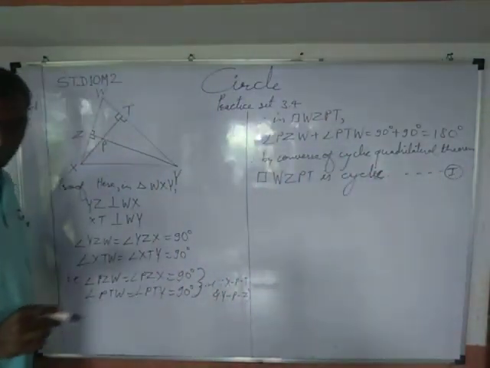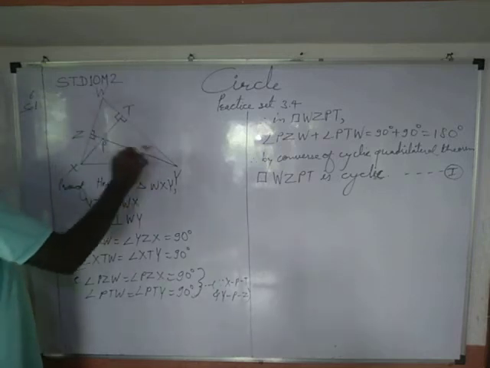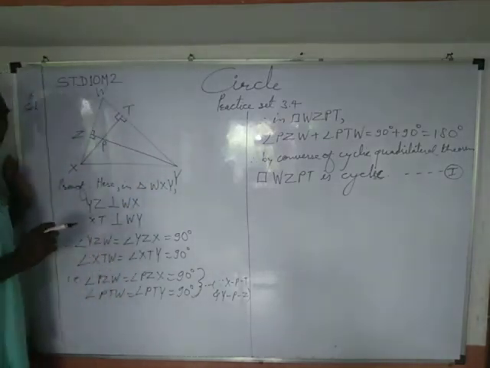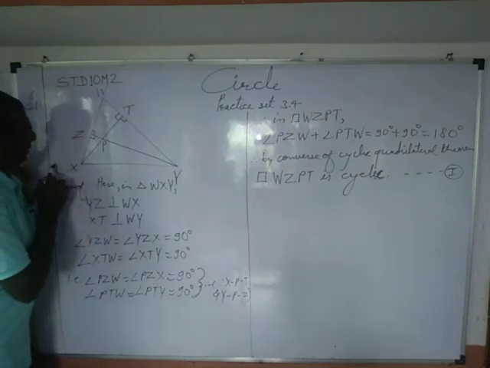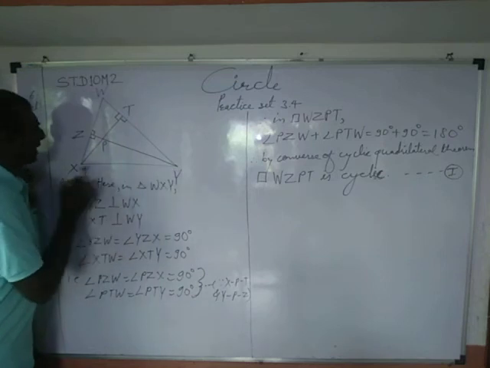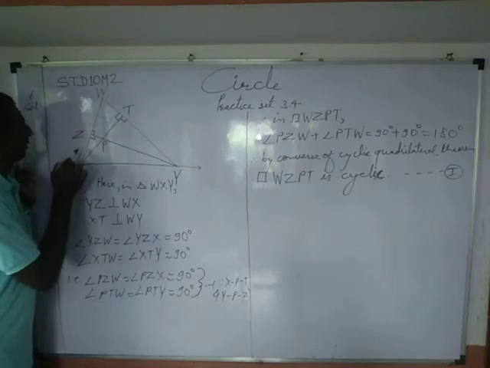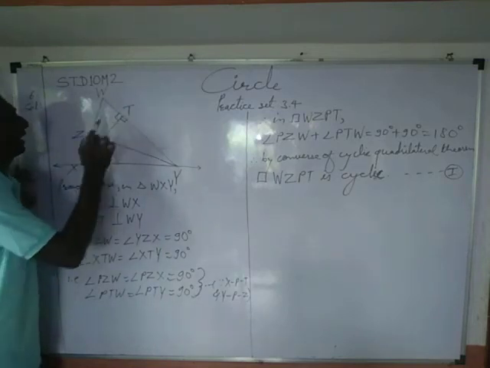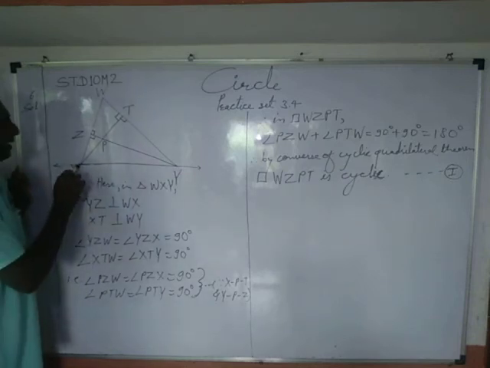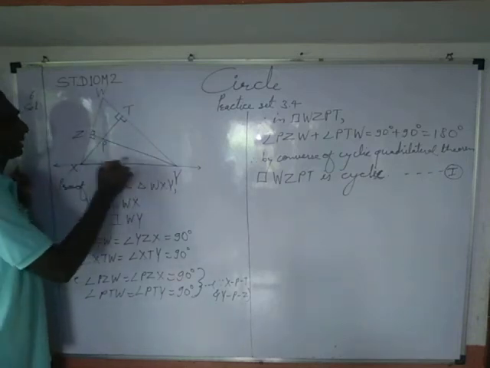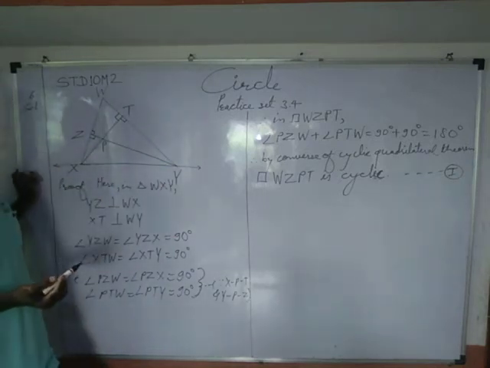Now we are interested to prove that points X, Z, T, Y are concyclic. Here you may note points X and Y lie on a line XY. Points Z and T are on the same side of line XY such that angle XZY is congruent to angle XTY, each 90 degree.